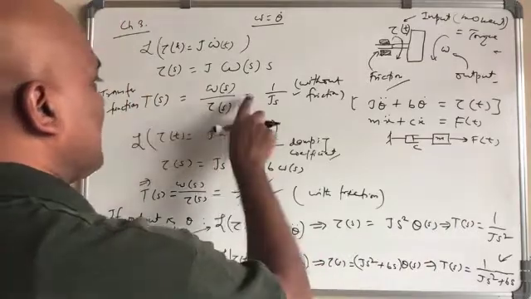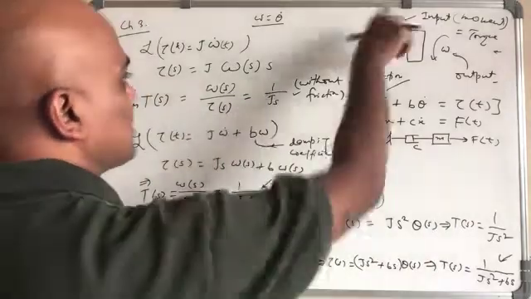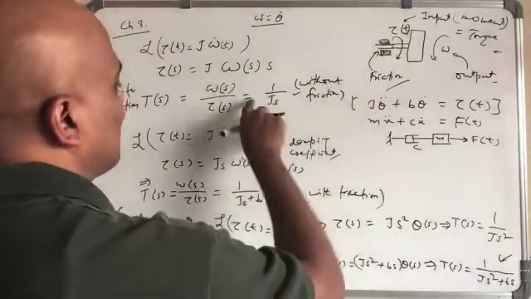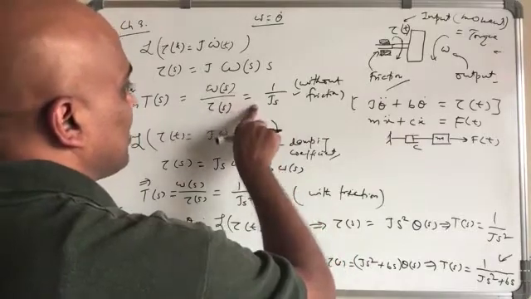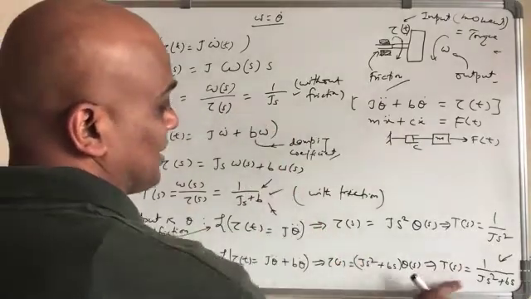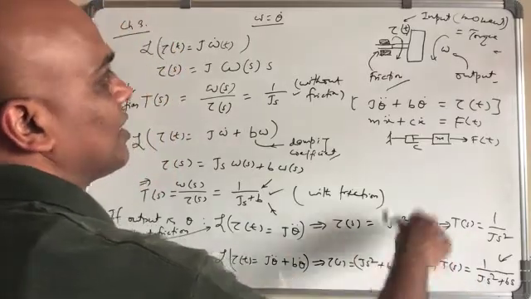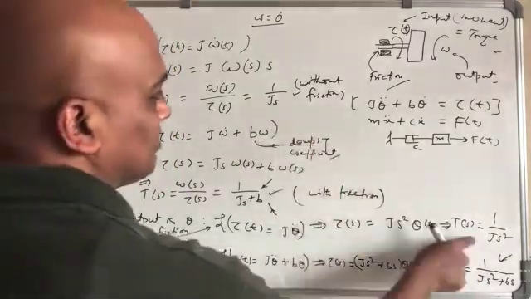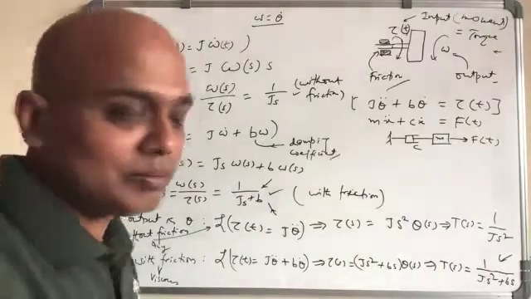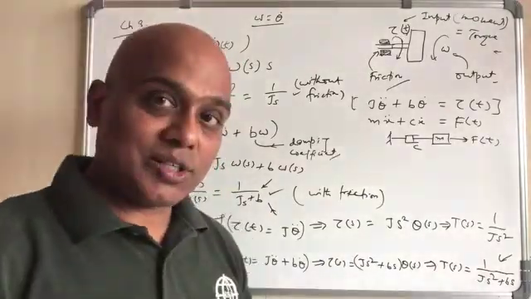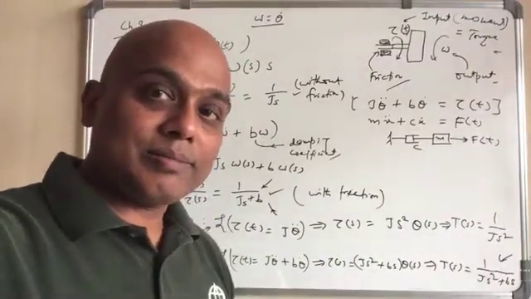However, here input remains the same, that's torque, but output is different. The output in the first case is the angular velocity. The output in the second case is the angular displacement, and hence you have a different transfer function. So remember that.